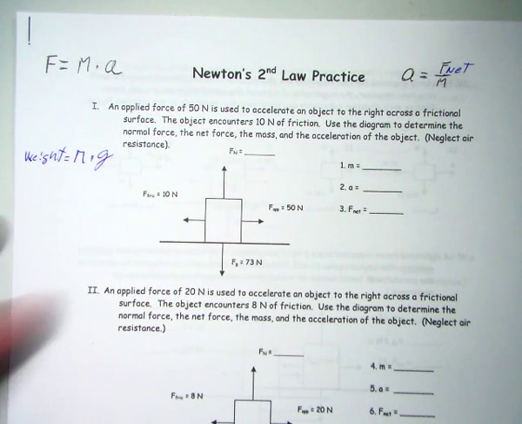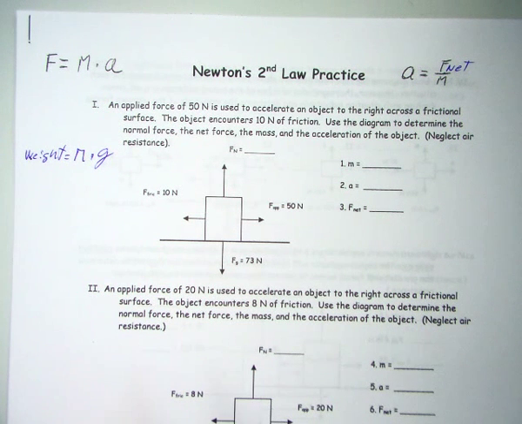So that's 9.8. We're not really worrying about the negative or the positive right now. That's not important. So you can just take your mass and multiply it times 9.8, and that'll give you the weight of the object, or the weight of you. In this case, we're not talking about you, we're talking about the box.